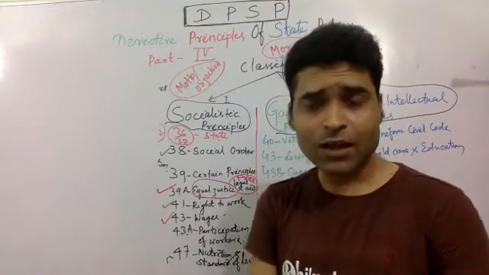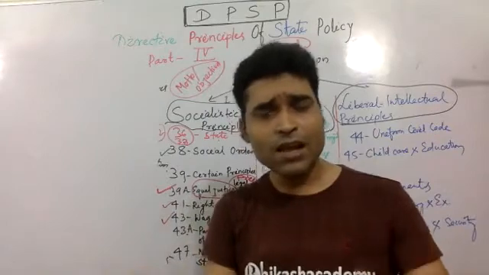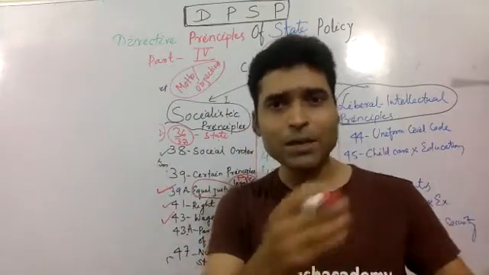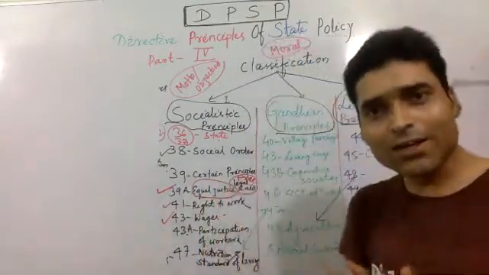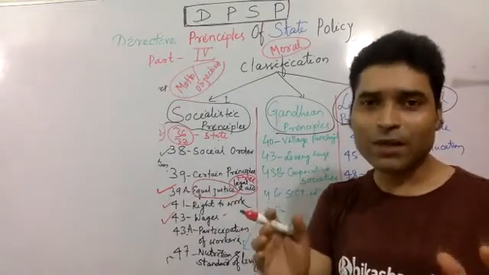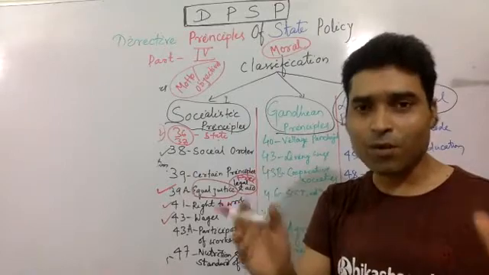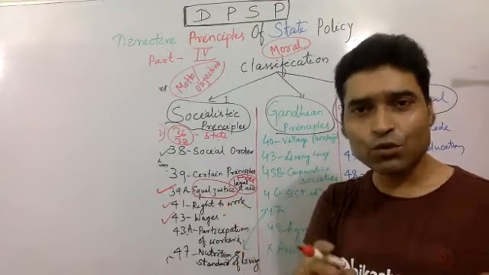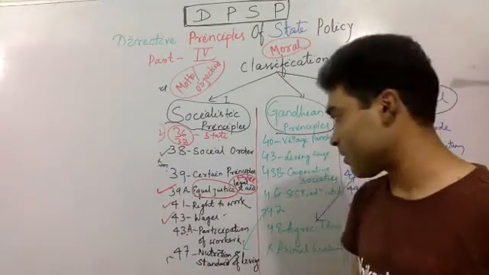Participation of workers means that in the decision making process, in management affairs, the workers must be given enough opportunity to keep their words and to discuss problems and any kind of issues openly. This is the point you have to remember.